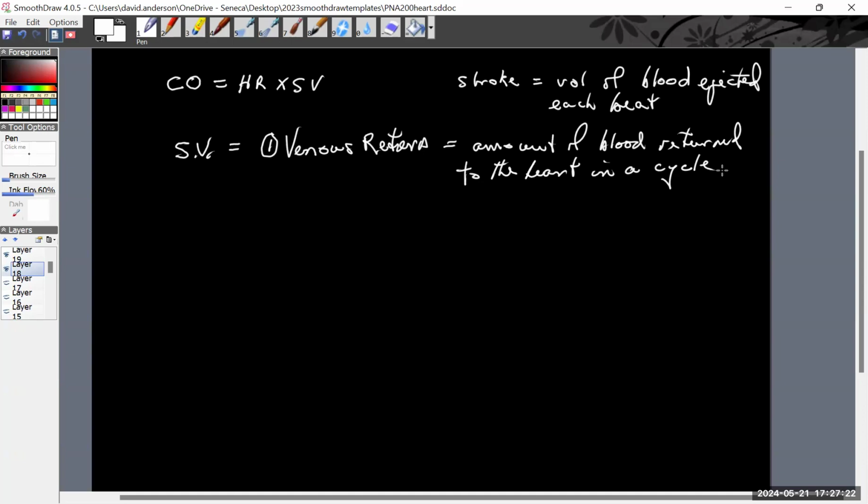So if we don't start with a volume of blood, we're not going to have a strong stroke volume, okay? So venous return is defined as the amount of blood returned to the heart in a cycle.